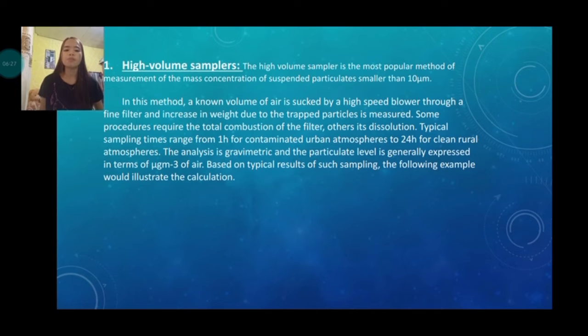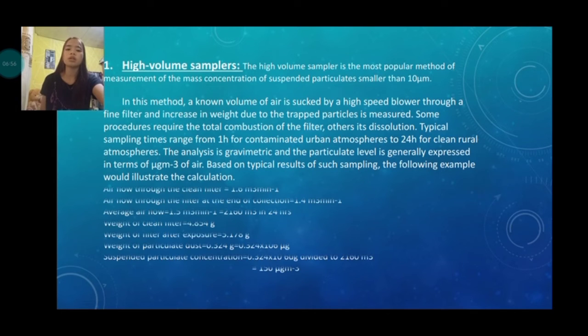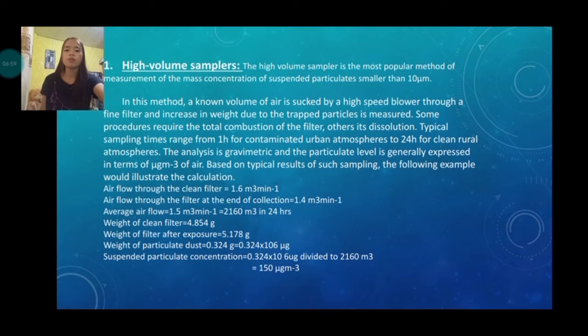Typical sampling times range from 1 hour for contaminated urban atmosphere to 24 hours for clean rural atmospheres. The analysis is gravimetric and the particulate level is generally expressed in terms of microgram per cubic meter of air. Based on typical results of such sampling, the following example would illustrate the calculation.